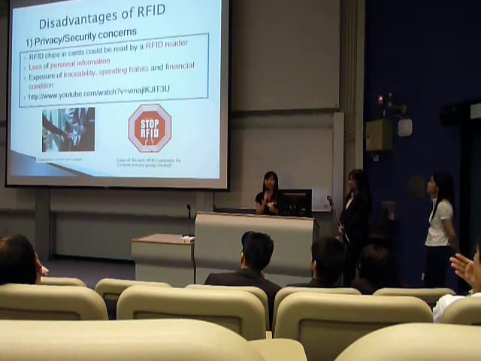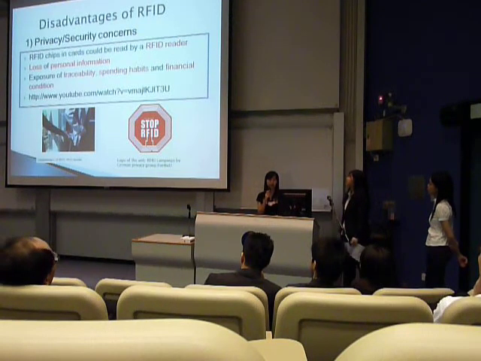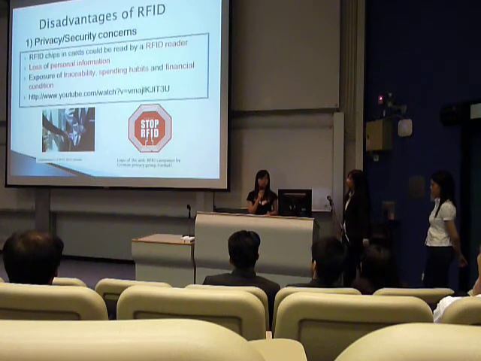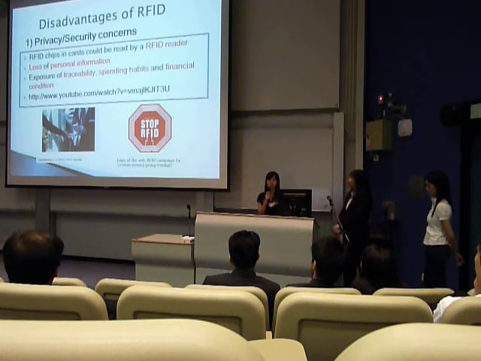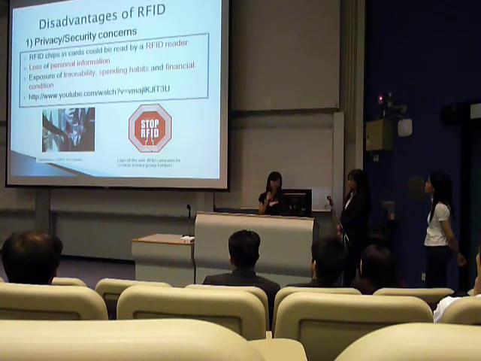Major credit card companies such as Visa, MasterCard, and some smart cards such as Octopus cards are also applying this technology. People are afraid that their personal information may be stolen easily by someone who stands next to you with an RFID reader. Your credit card number, spending habits, and financial condition may be easily stolen by someone you don't know.